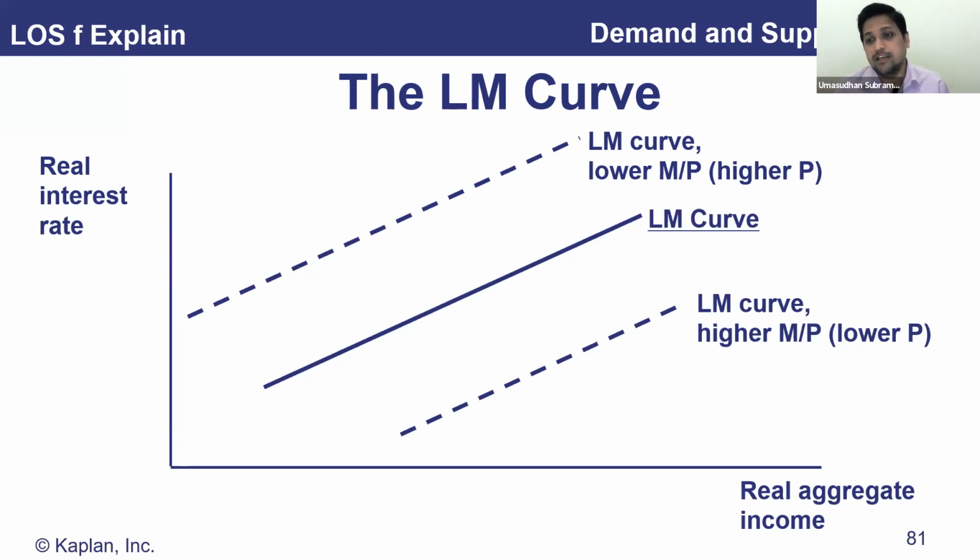Think that way, if that makes your life easy, for why the curve looks like this. If the interest rates go up, you save more money. If you save more money, will you get more interest income? So that will boost your aggregate income because your interest income is going to go up.